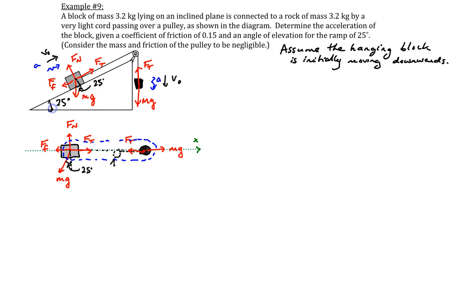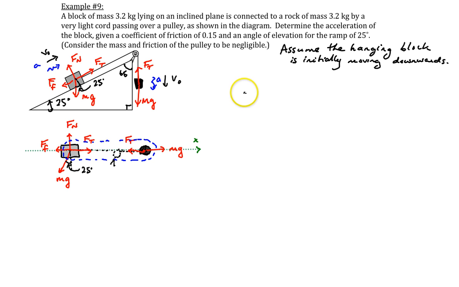This is 25 degrees between the incline and the ground. And then this is 90, and this must be 90 minus the angle, which is 65 degrees. And if that's 65 degrees in here, that is 65 as well, because this is the same parallel axis. And so therefore this angle right in here is the same as 25 degrees. So it would be 90 minus 65, which gives you 25.